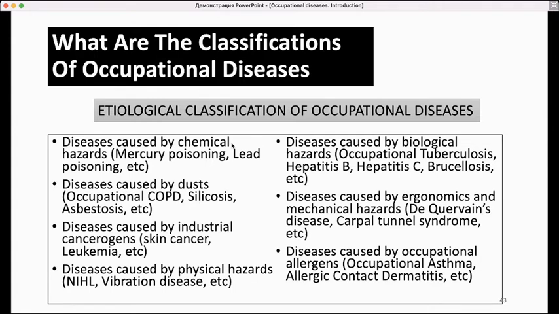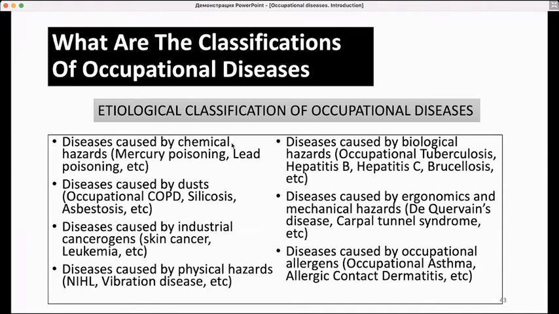Among diseases caused by dusts, we will see occupational chronic obstructive pulmonary disease or silicosis or asbestosis or talcosis and many others. To the group of diseases caused by industrial carcinogens, we can add skin cancer, leukemia, non-Hodgkin's and Hodgkin's lymphoma, and so on.